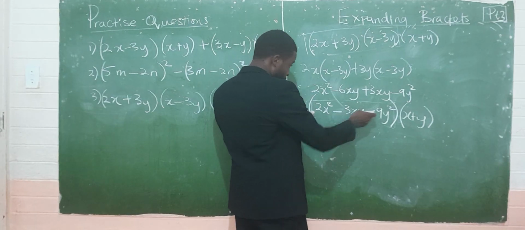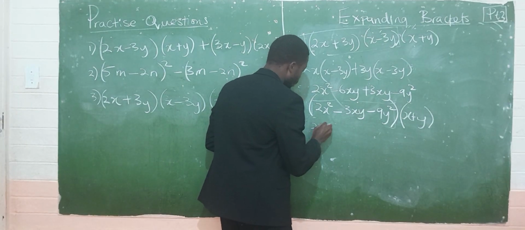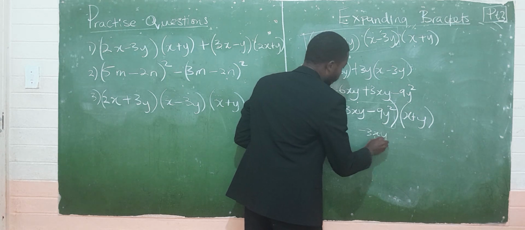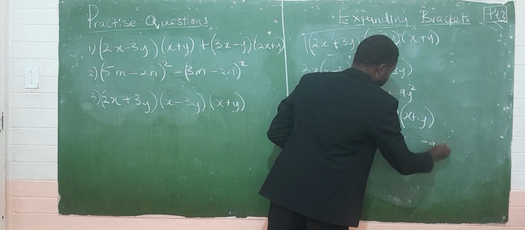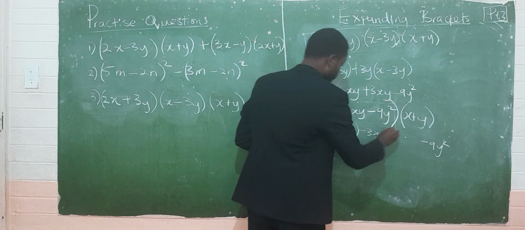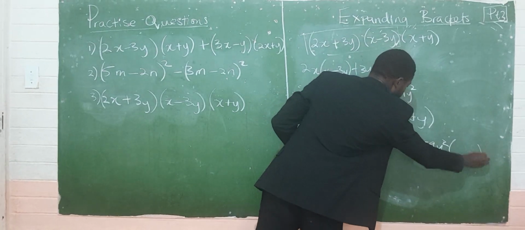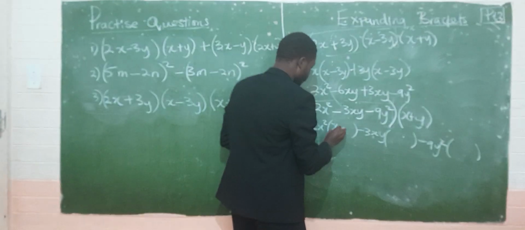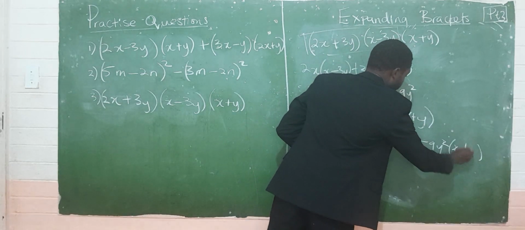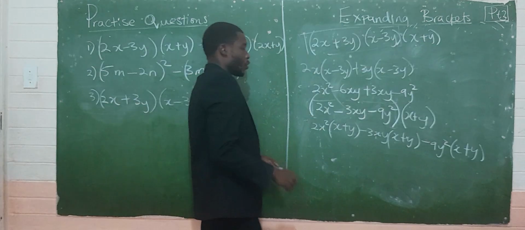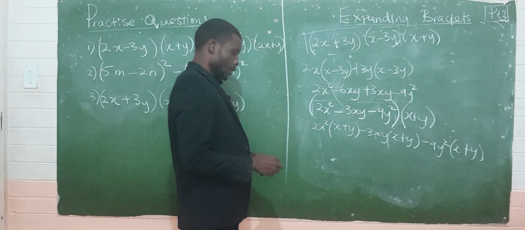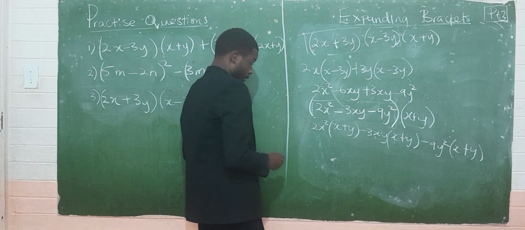I'm going to break this, and I'll have 2x squared minus 3xy minus 9y squared, and I'm going to rewrite this bracket, which is x plus y. And I'll just go ahead and remove those brackets.